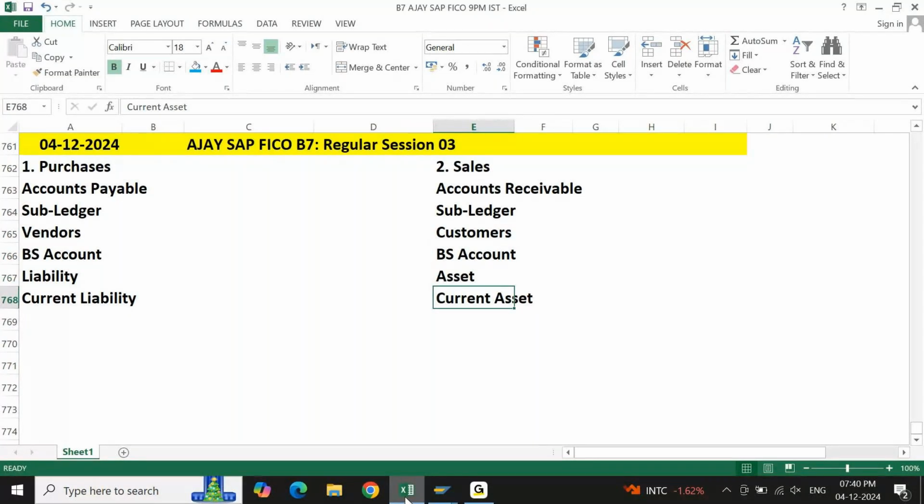Are all these points relatable to everybody? Most of you are already aware of these points. It is just that we are trying to refresh our knowledge of basic fundamental accounting, with which, as you move forward, you'll feel more comfortable and confident.